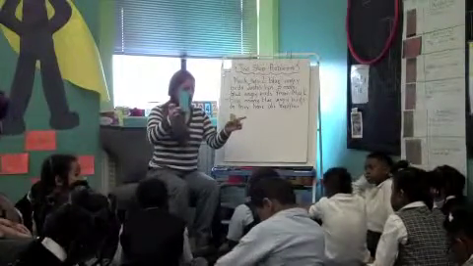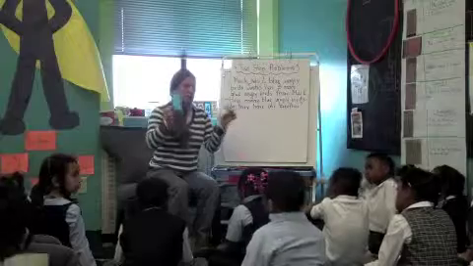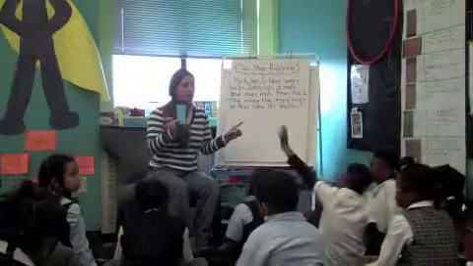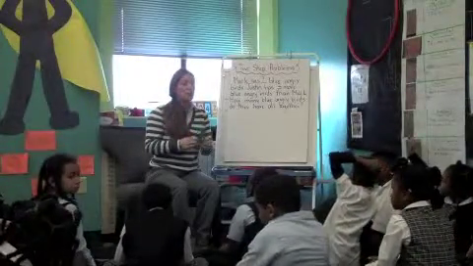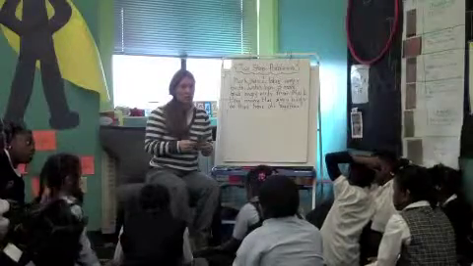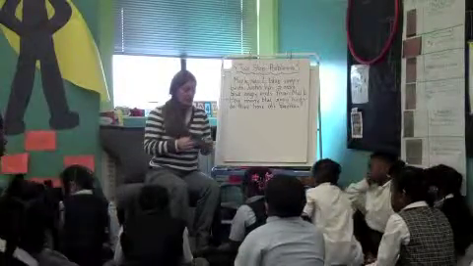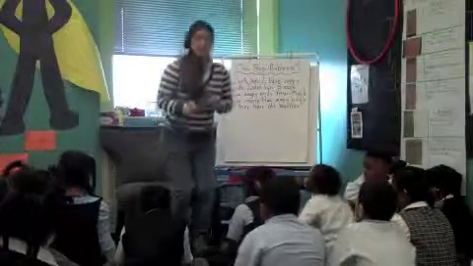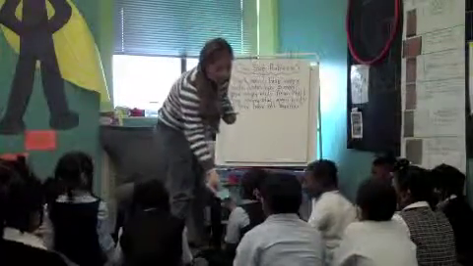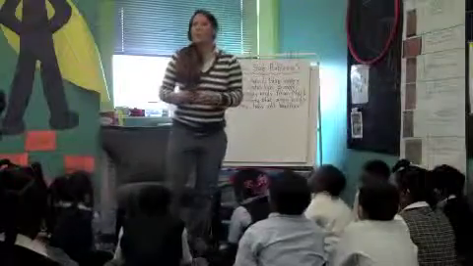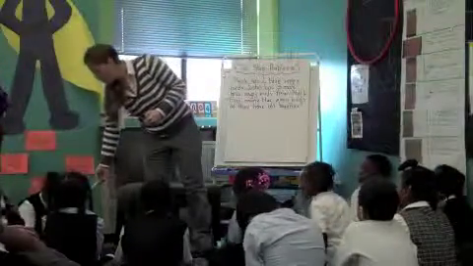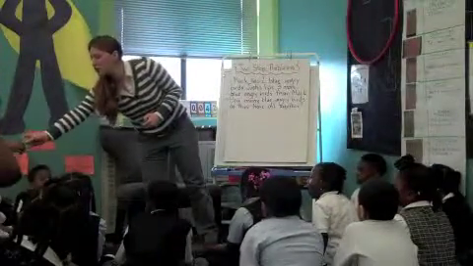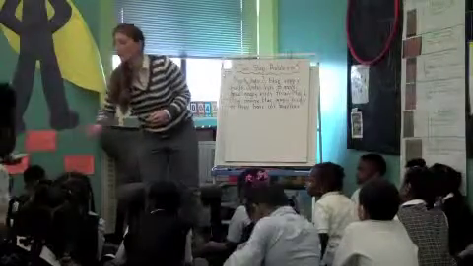One belongs to Mark, one belongs to Justin. I'm going to give you both bars. Once I give you both bars, I want you to think, which person belongs to which bar?